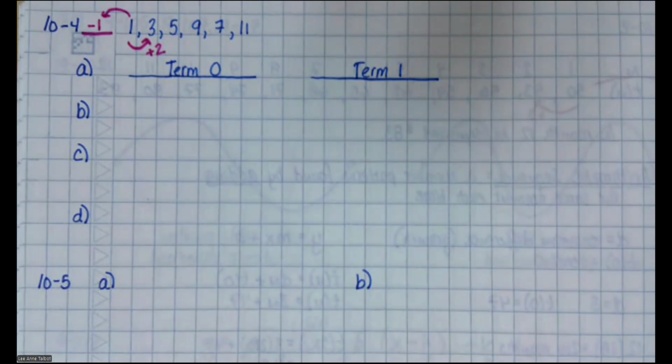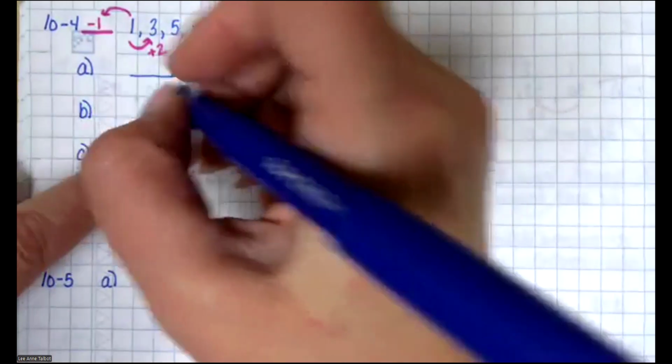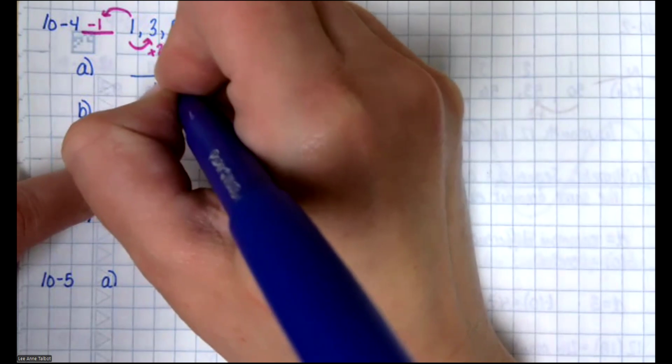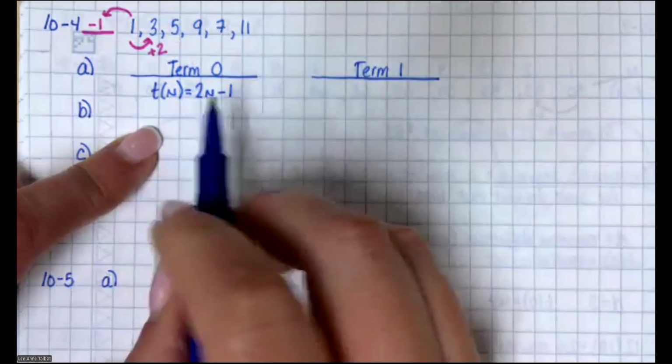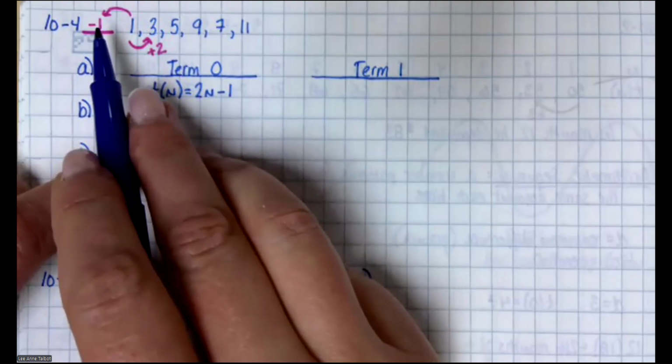Does that make sense? Everybody good? Okay, so the term 0 equation would be T of n equals 2n minus 1. So growth and then term 0.